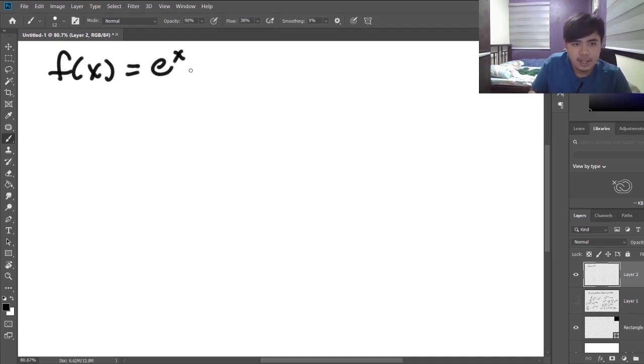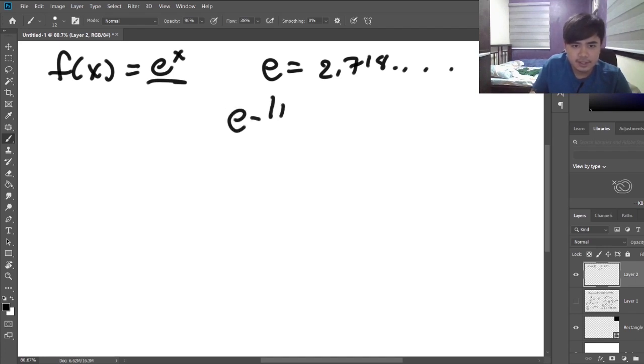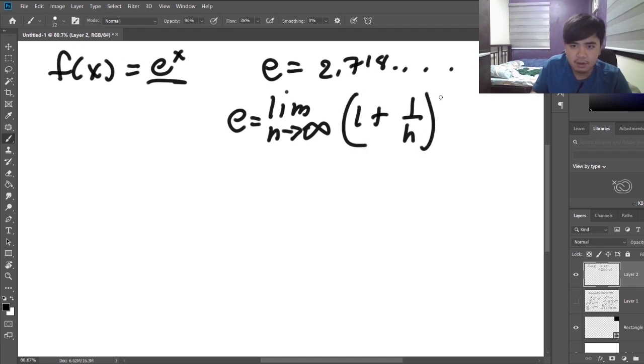So actually, why is e 2.718 whatever, right? That's a bit weird. So let's define what e is in terms of the limit. So if you remember, the e is actually the limit as h goes to infinity, 1 plus 1 over h to the power of h.